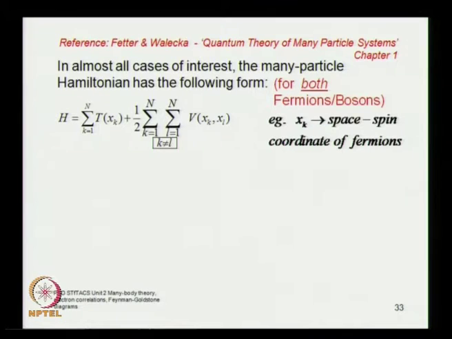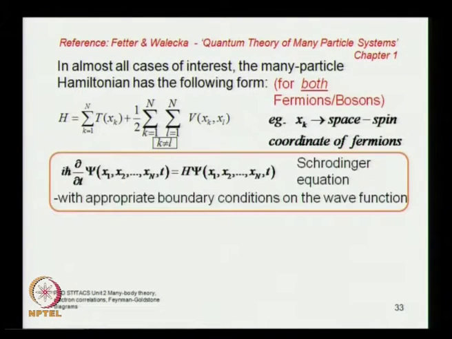The details will differ, sometimes we will have more complex terms, but notwithstanding the details, by and large a many particle system will be described by a Hamiltonian of this kind, in which the kinetic energy operators will sum over all the number of particles going from 1 to the total number of particles, and the two particle interactions represented by this V. In the case of fermions it could be the 1 over Rij, but in general it could be some two particle interaction.